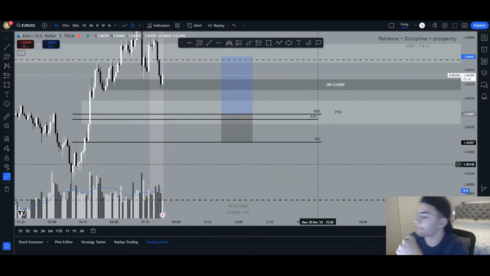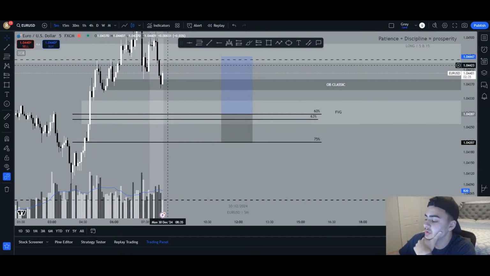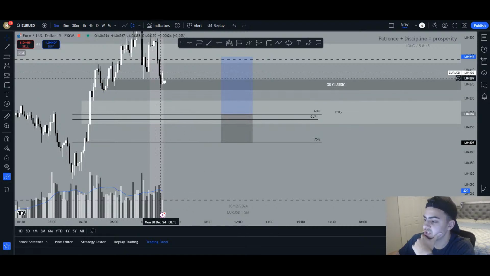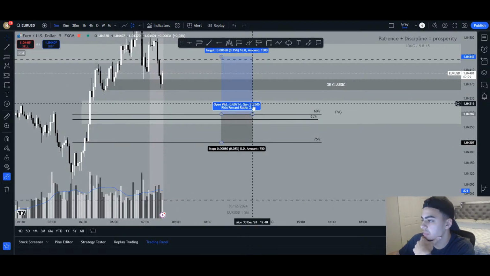Delete that. I want this candle actually to close bullish, and then the next candle close bearish. Once I see that it's closing bearish, that's when I'm gonna enter for a sell.